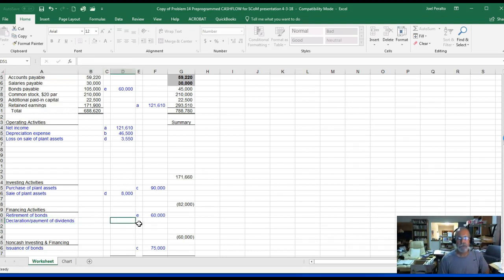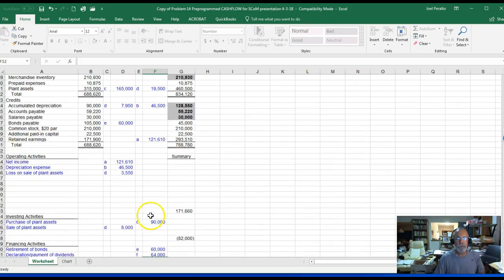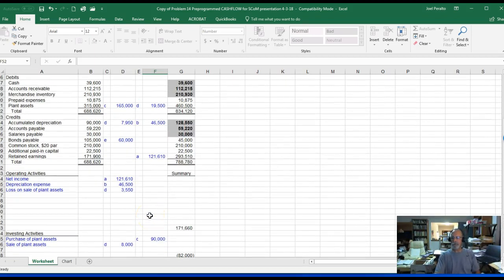Payment of dividends is going to require a cash outflow, $64,000.